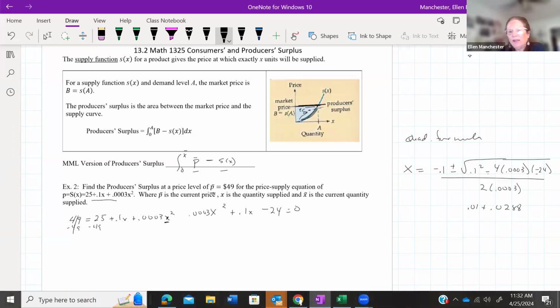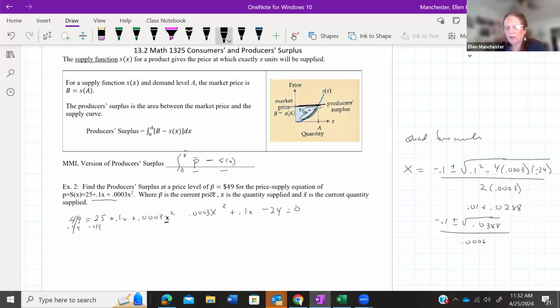So an even number of negatives makes that plus. So under the radical, I have 0.0388. So then I'm just going to use my calculator. With the quadratic formula, the best way to do it is write it out, get all the value underneath the radical. So you have one value underneath that radical. Then it's just a matter of plugging it into your calculator.